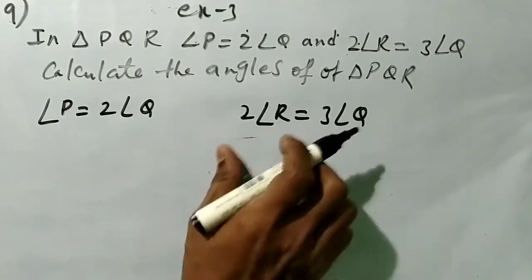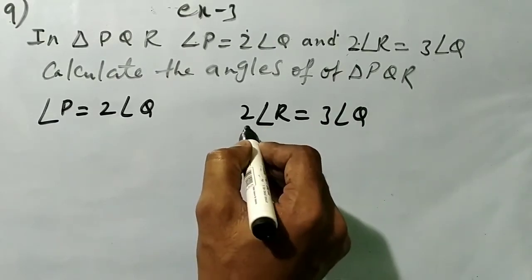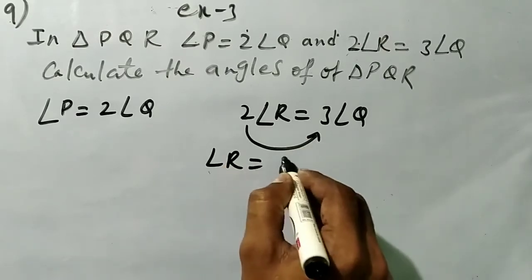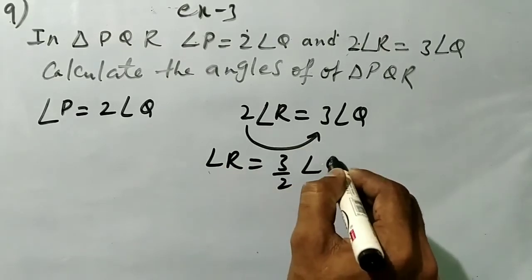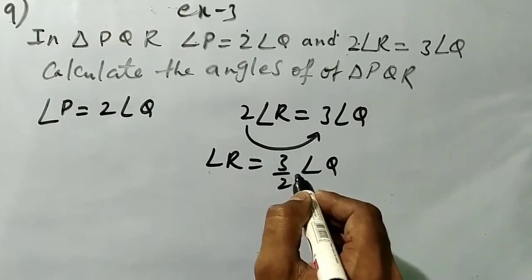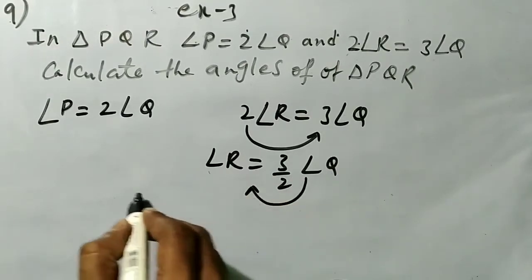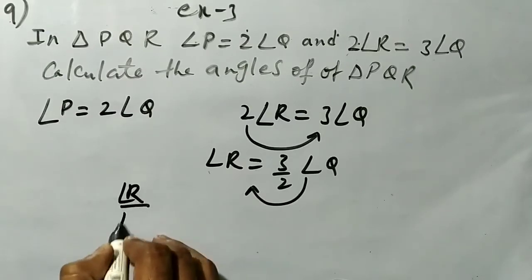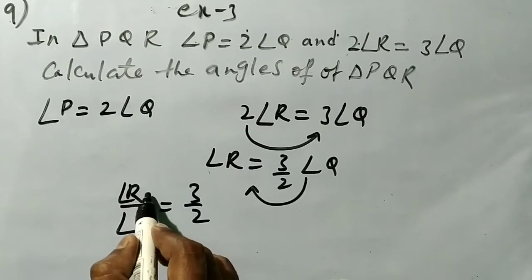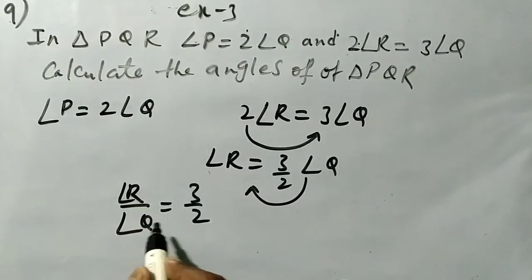I will explain it clearly. Here 2 is multiplying; when it goes here, it becomes division. That is angle R is equal to 3 by 2 angle Q. So when Q is multiplying with 3 by 2, it becomes division. So angle R by angle Q is equal to 3 by 2. Nothing but here angle R is 3, angle Q is 2.